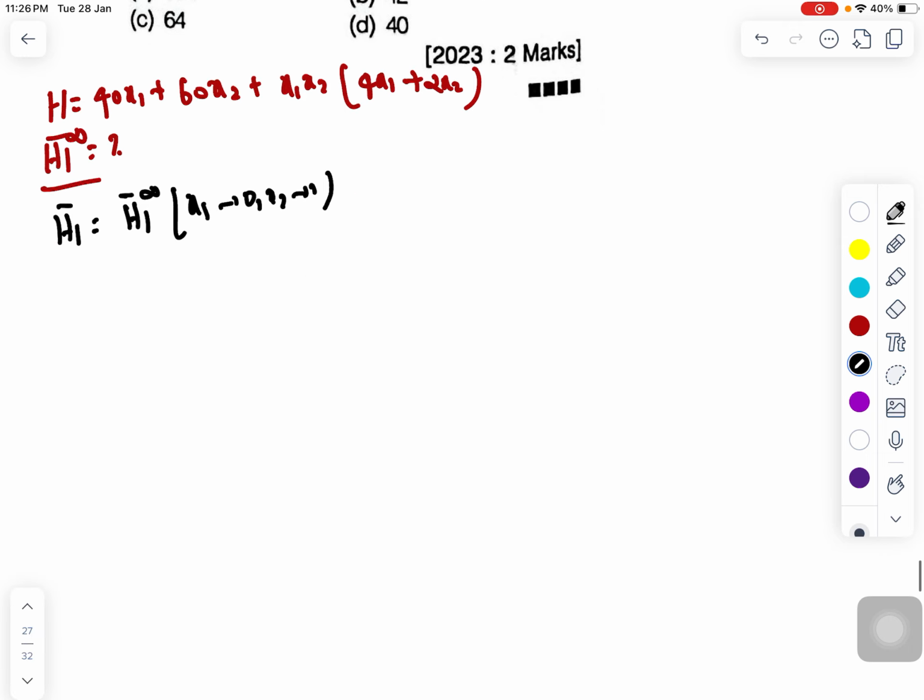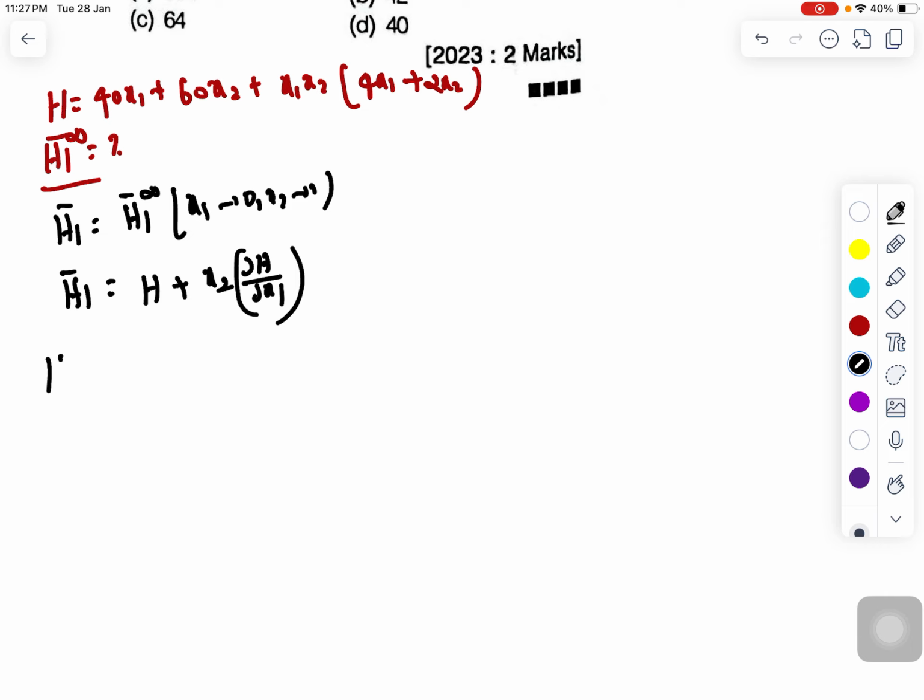So first you are supposed to calculate h1 bar. What is h1 bar? h1 bar is equal to h plus x2 del h by del x1. Is that clear?